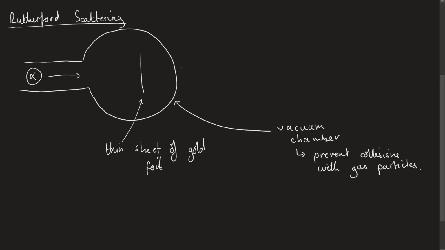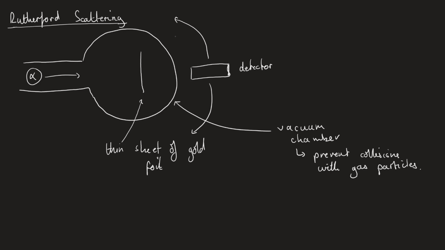And the last part of this setup was he had a detector. Now this was like a Geiger counter or something like that. We'll look more at these kinds of detectors and how they work in a different video. But he had this detector, and this was a movable detector, so he could rotate it basically anywhere he wanted around this vacuum sealed bulb, and he basically just performed this experiment.